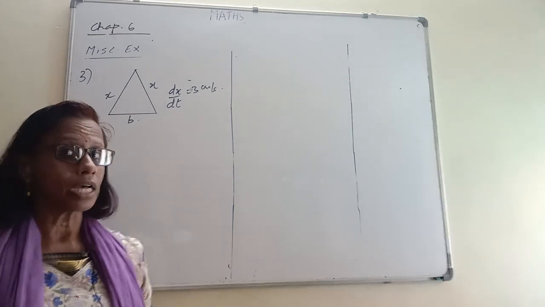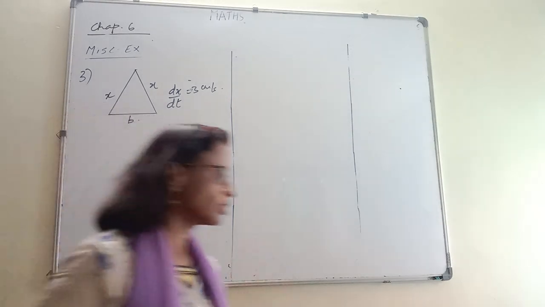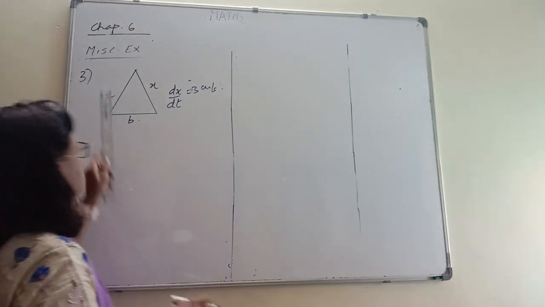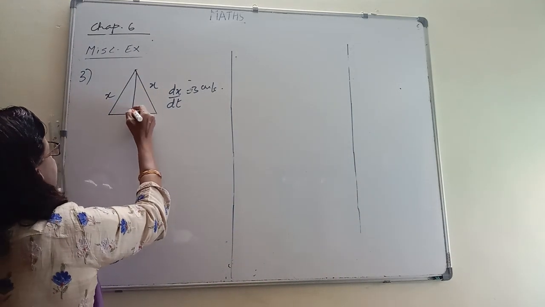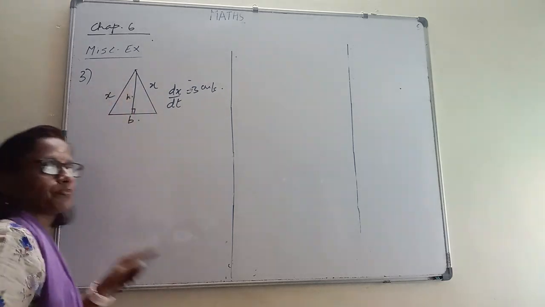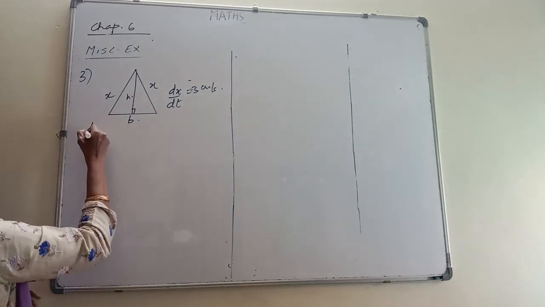Now it's very clear to us that the area of a triangle is half base into height. Height is not there, so we may have to drop an altitude and get the height. So let's introduce all this.